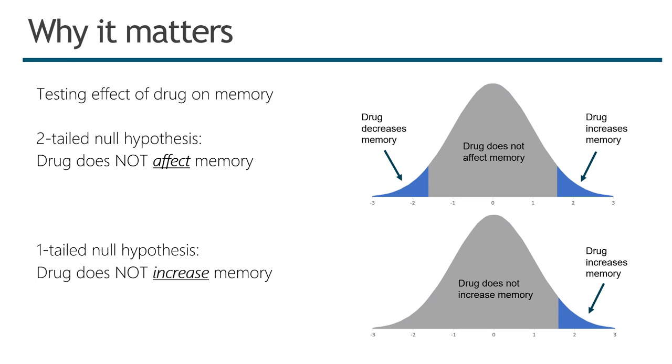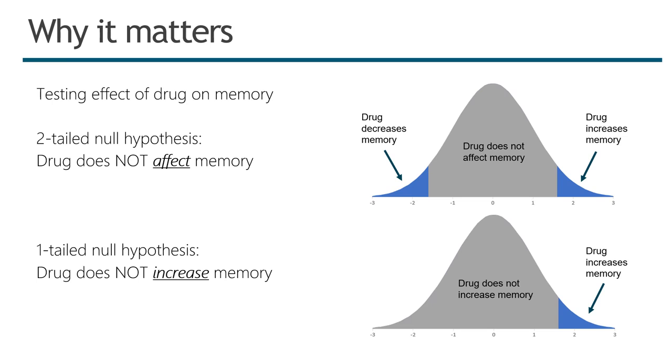The result can find evidence that the drug increases memory, it can find evidence that the drug decreases memory, or it can find that there's not sufficient evidence to say that it has any effect on memory. This type of setup is looking for three different categories of possible outcomes.